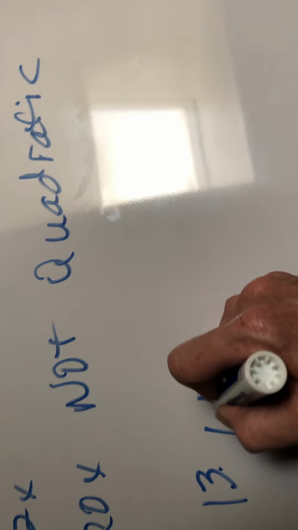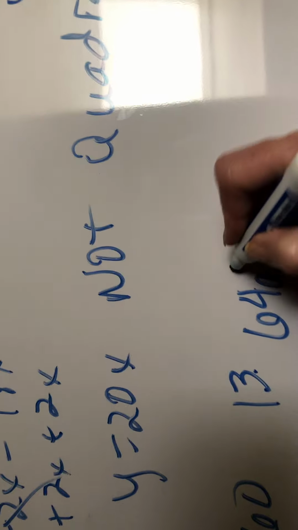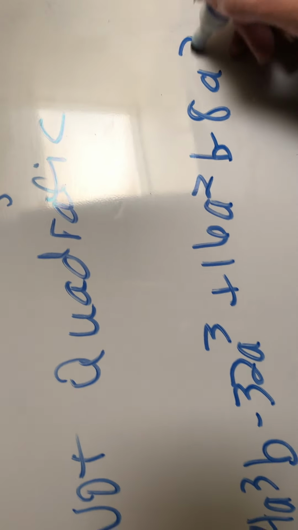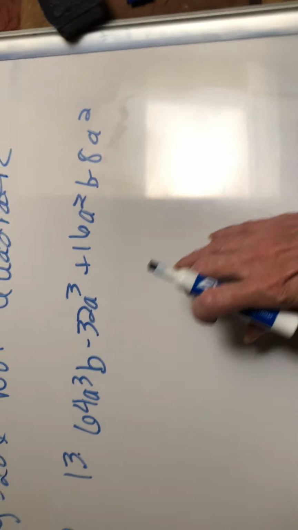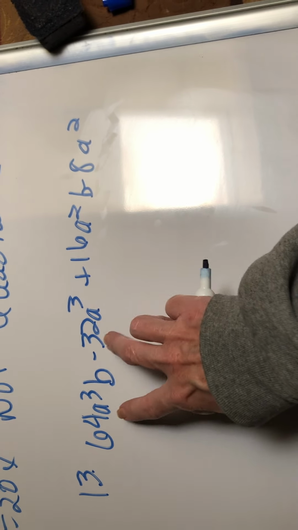Then on 13, we've got 64a cubed b minus 32a cubed plus 16a squared b minus 8a squared. So the way I would start this one, common factor out of these two. This is that factoring by grouping.